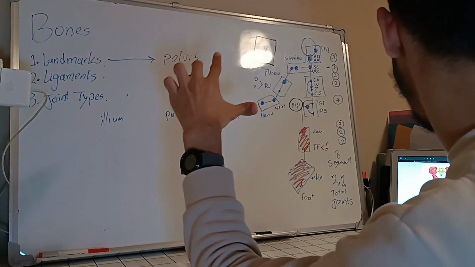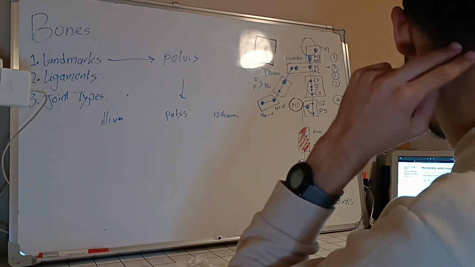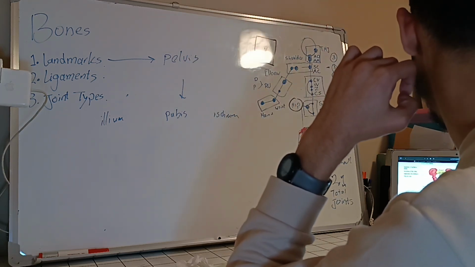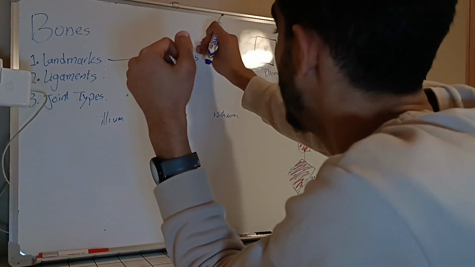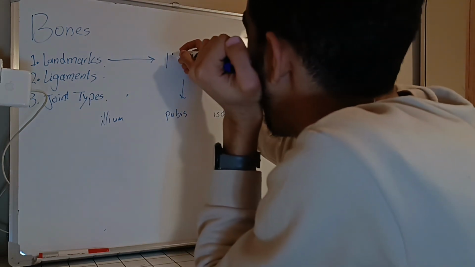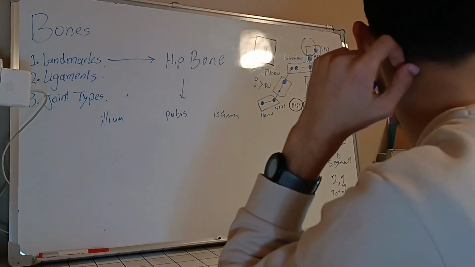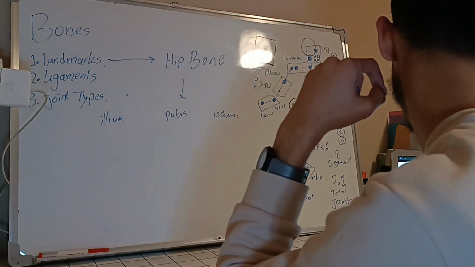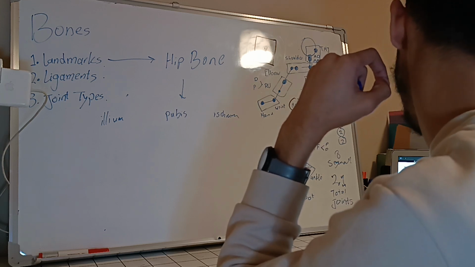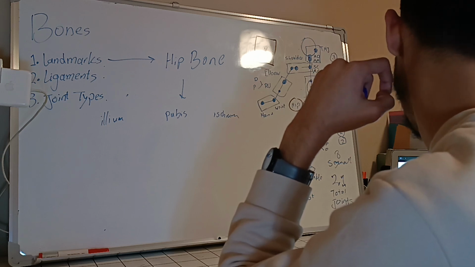We're going to have the sacrum, the coccyx, and the hip bone. So the hip bone consists of the greater false pelvis and the lesser true pelvis.